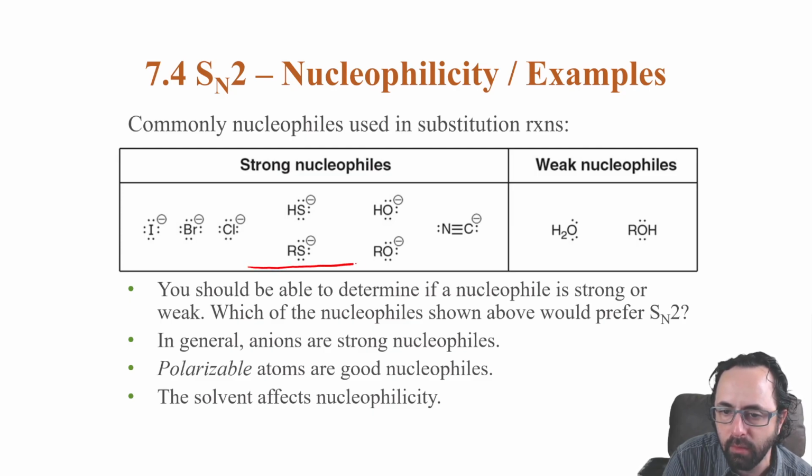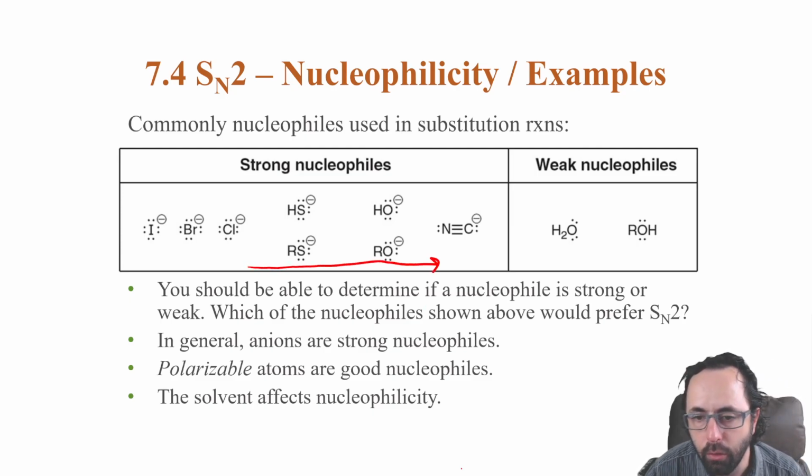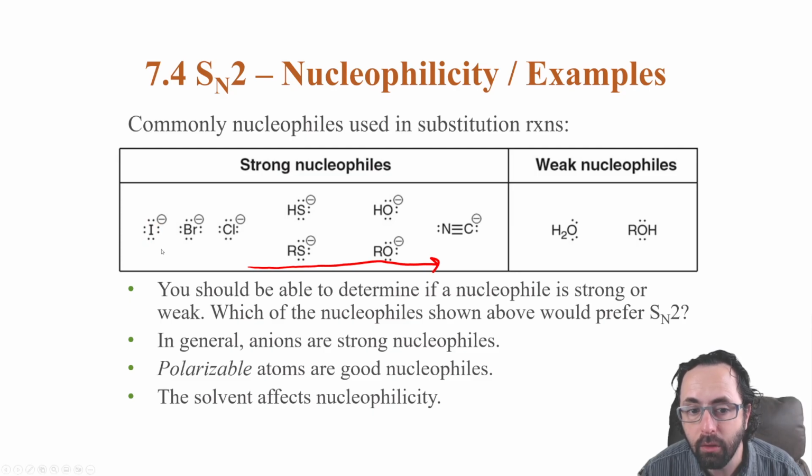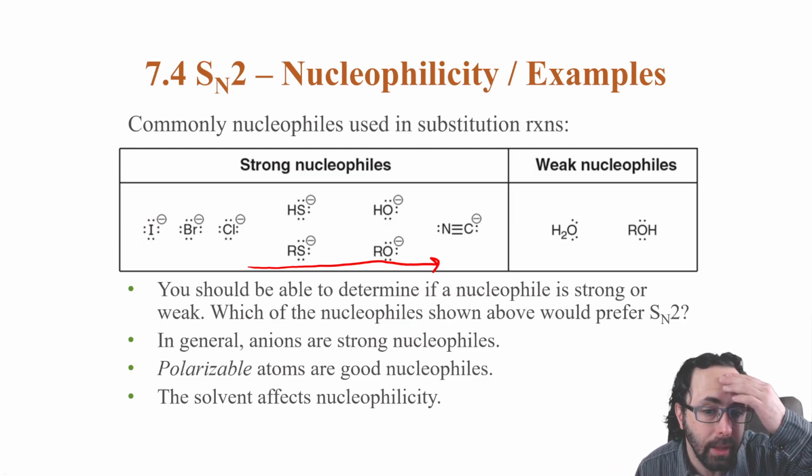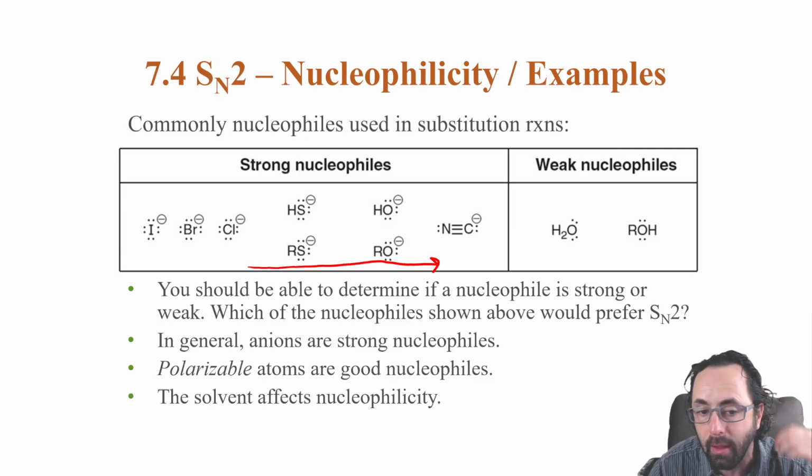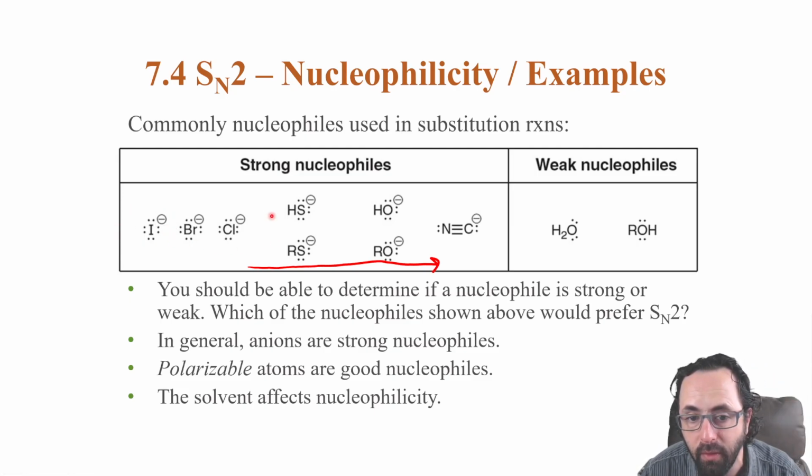You can consider nucleophiles independently. You should just be aware that if it's negative and has a lone pair to donate, it can be a nucleophile. And those nucleophiles that have the largest atoms, their electrons are furthest away from the nucleus, so it's easiest for those to get away and make a bond. And so going left to right here, we have the strongest nucleophiles on the left here.